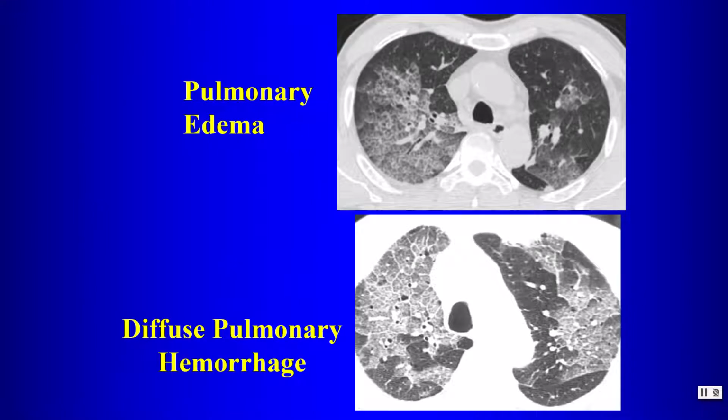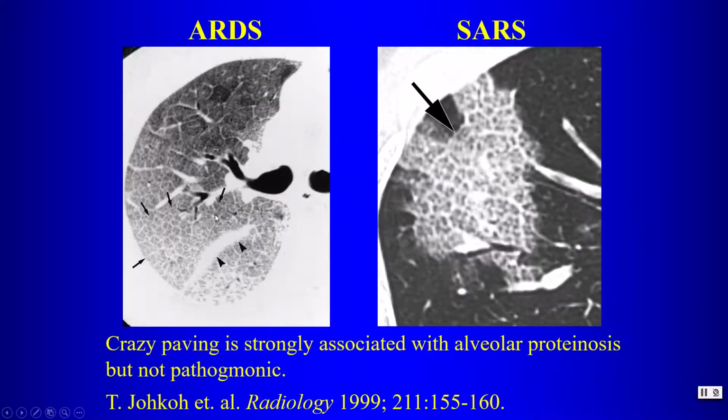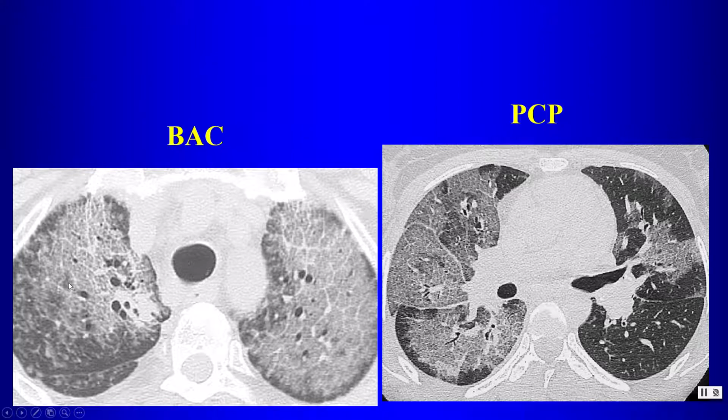Here's an example of crazy paving from pulmonary edema, crazy paving from diffuse pulmonary hemorrhage, a patient with ARDS who has crazy paving, a viral infection from SARS where a patient developed crazy paving, and here is a case of bronchoalveolar cancer, a mucinous adenocarcinoma, with crazy paving, and pneumocystis pneumonia with crazy paving.